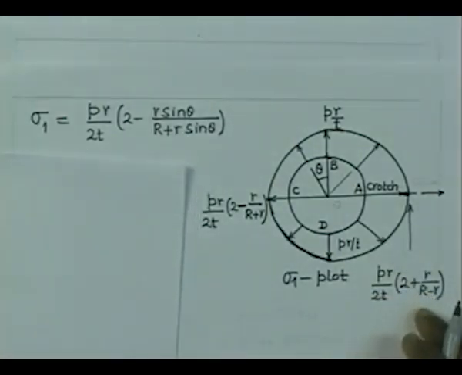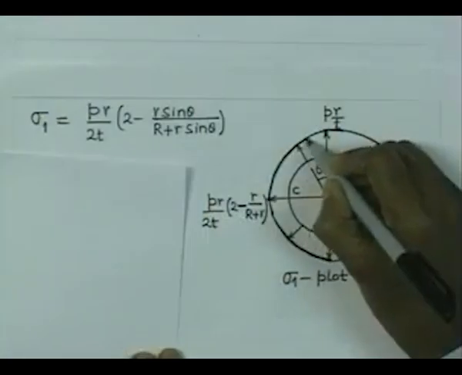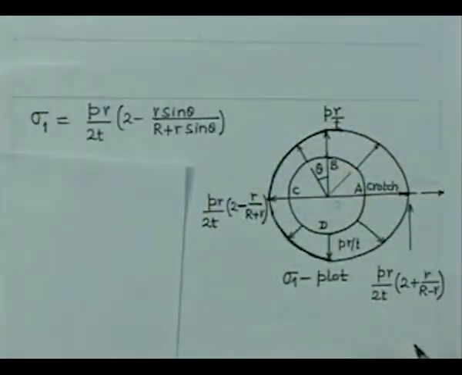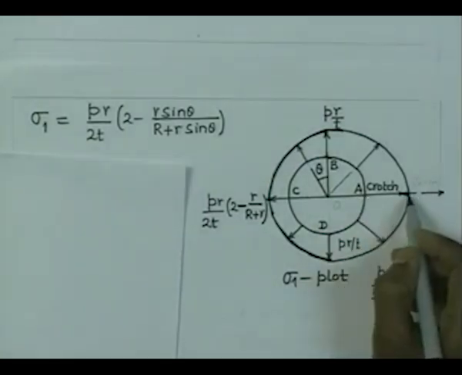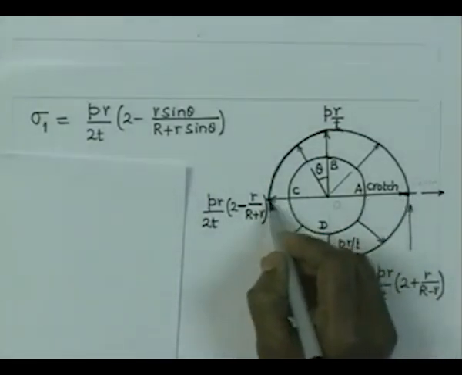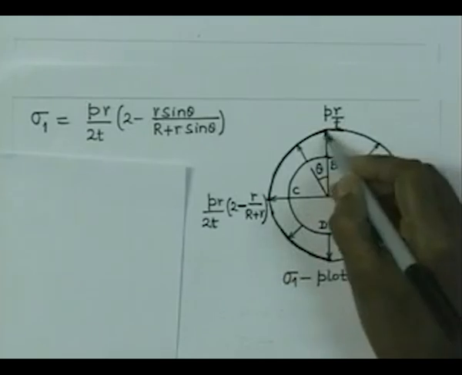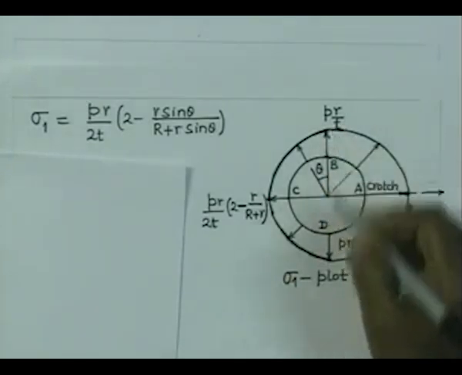Now, where do you expect the failure to occur? For a torus like this, where do you expect the failure to occur? The stress is highest here, and it is lowest at this point, and at B and D it is going to be like that of a cylindrical vessel.